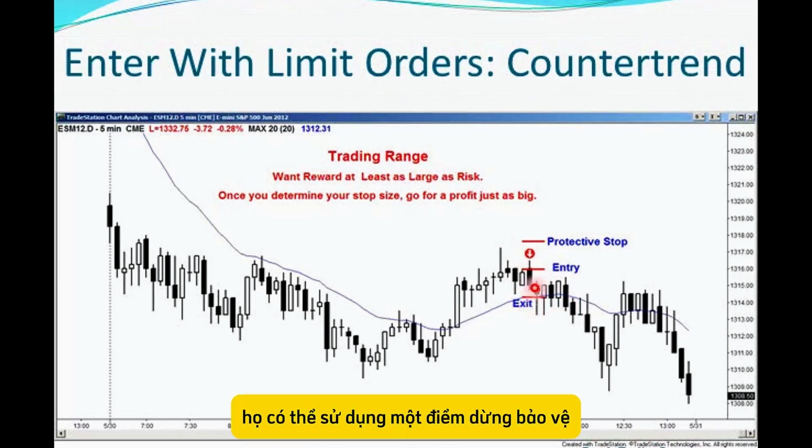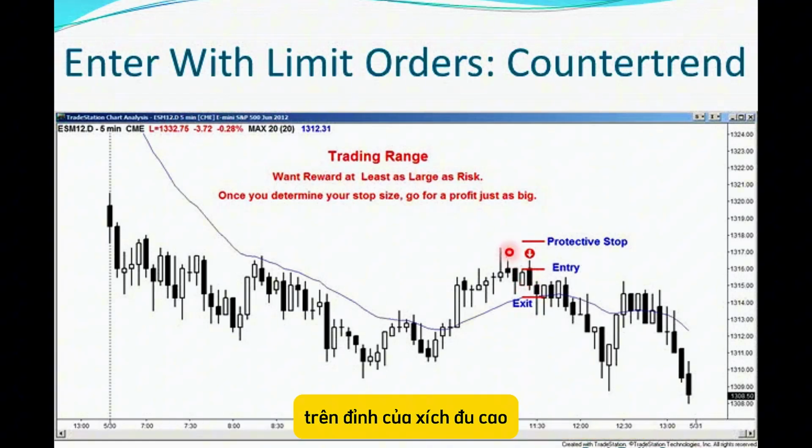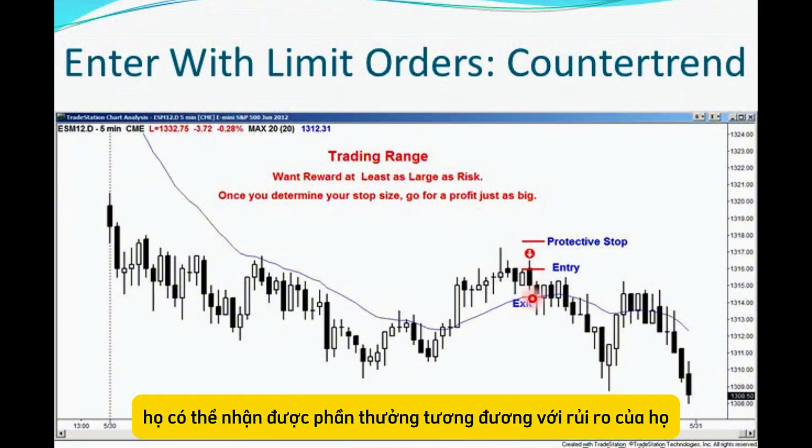They might use a protective stop based on a measured move, maybe based on the height of their signal bar. They may place a protective stop above the top of the swing high, especially since it had 3 pushes up. And minimum target would be, if they were very confident about the trade, they can go for a reward equal to their risk.